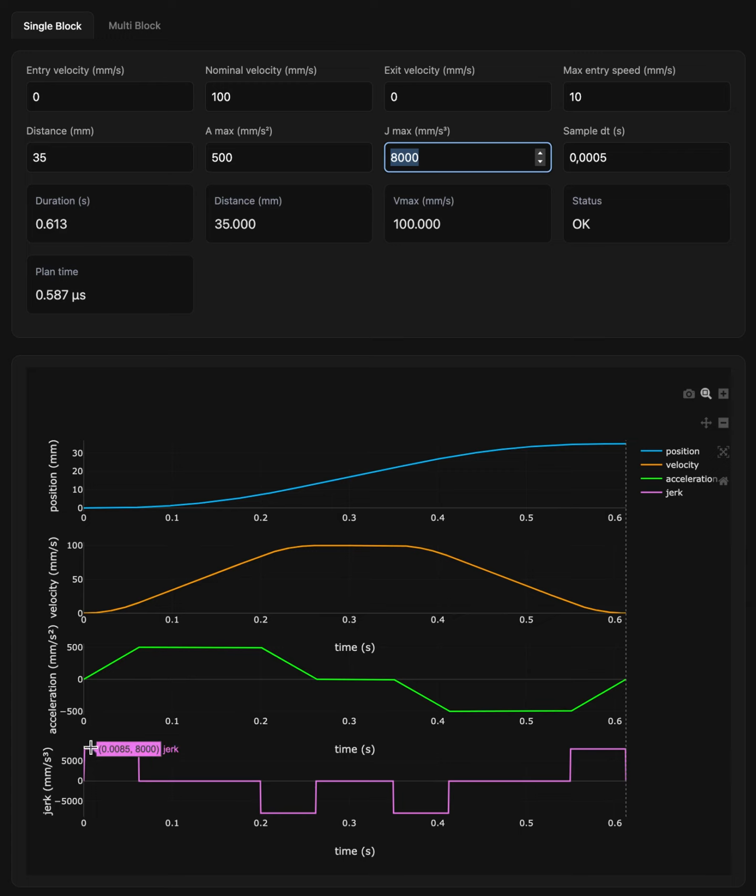So it's not a very high peak as it used to be and then nothing. It is now different phases of constant, well-defined jerk. And if you're thinking this looks like S-curves, yes it does, but there is a big difference.